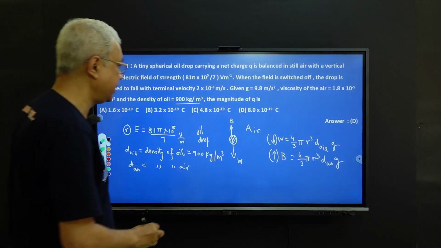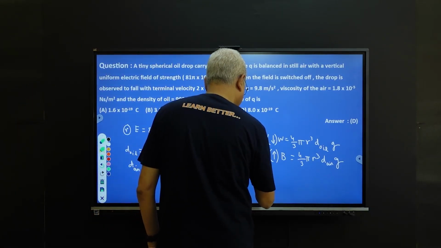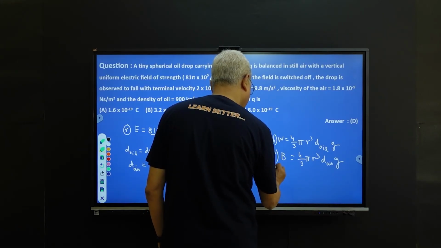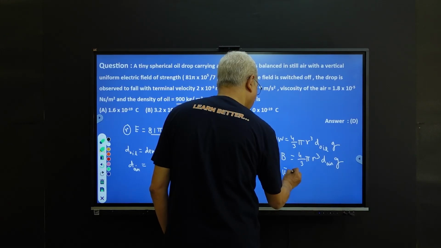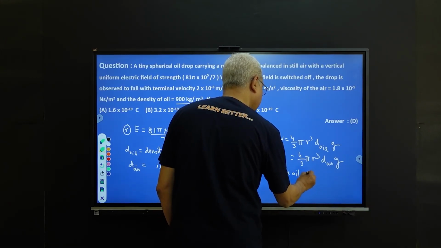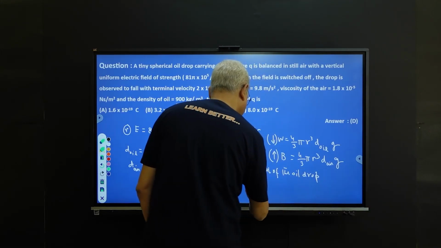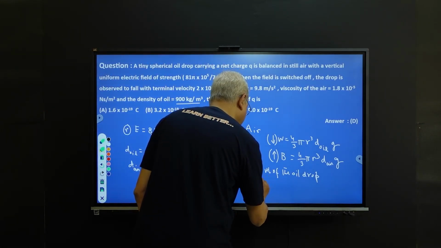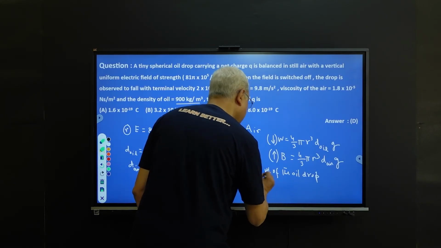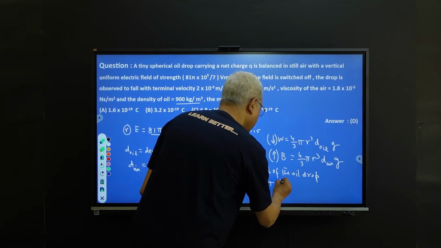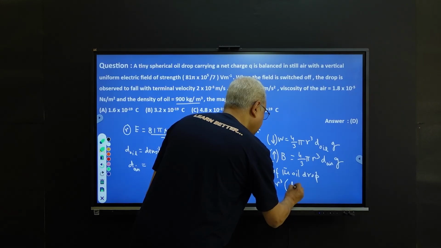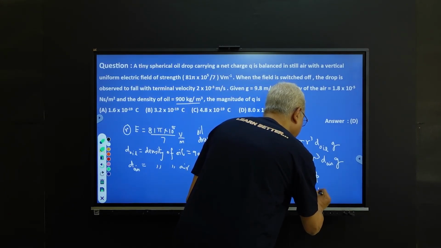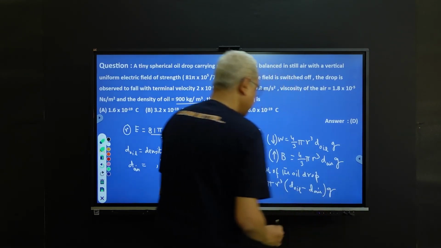So the net weight of the oil drop is 4/3 π r cube (d oil minus d air) into g.